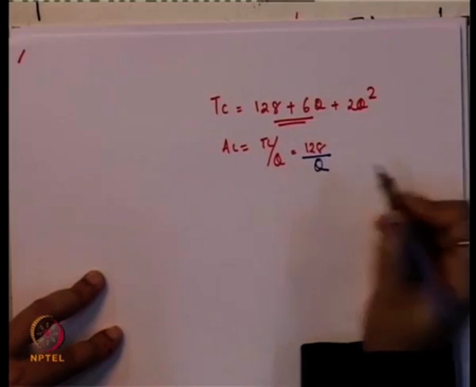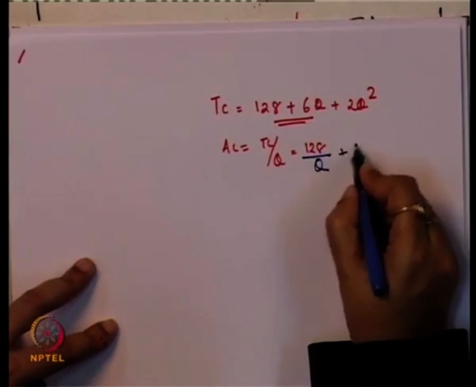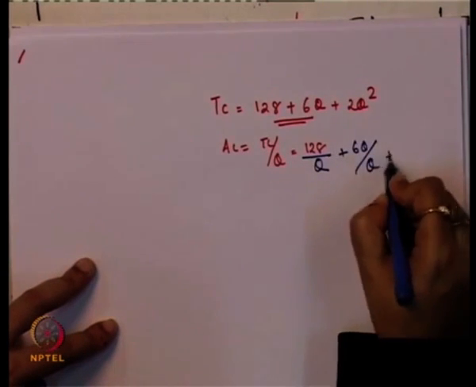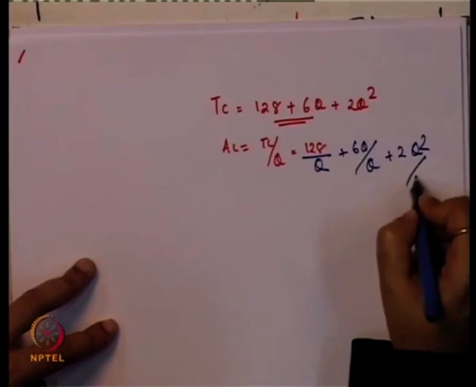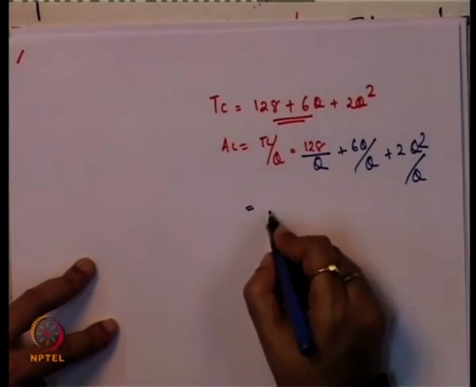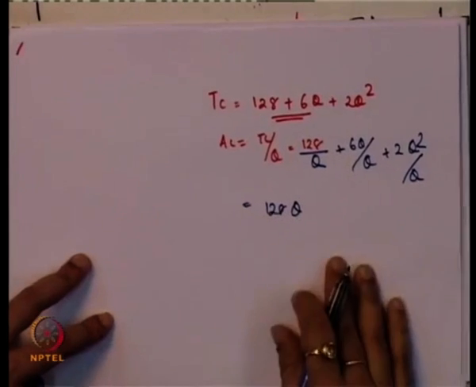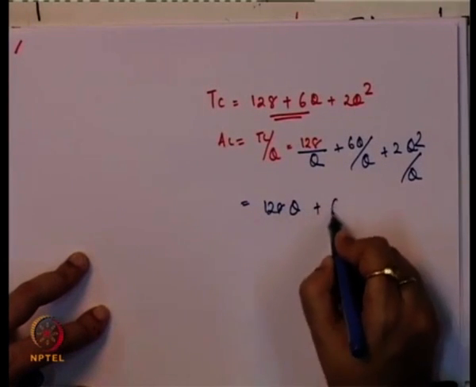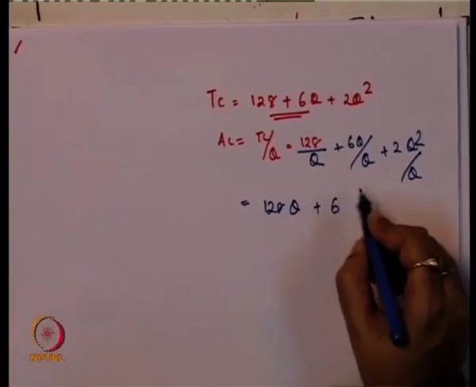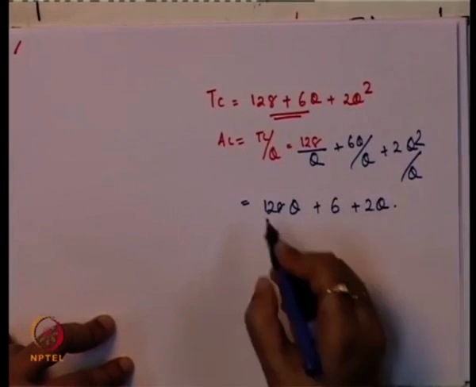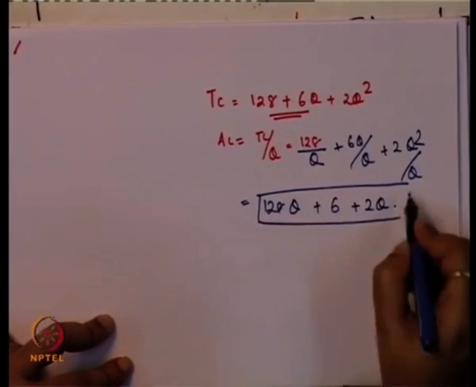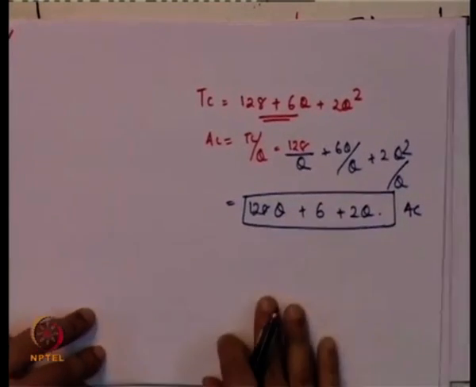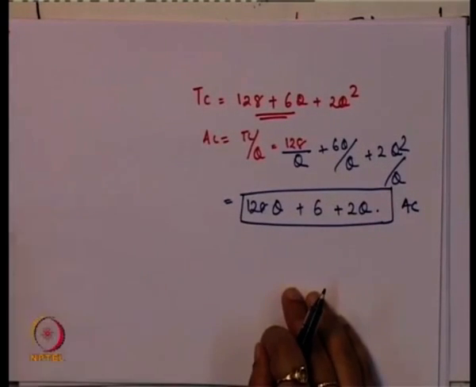So this is 128 by q plus 6q by q plus 2q square by q. So that comes to 128/q plus 6 plus 2q. So this is the average cost for the cost function.